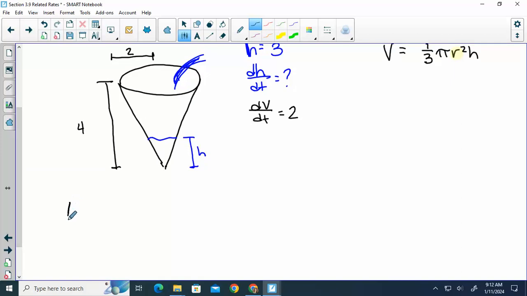But what we do know is that in this whole cone, the radius is 2 and the height is 4. And if I took a similar triangle, this is my height, and that's my radius. So what could we do with similar triangles?